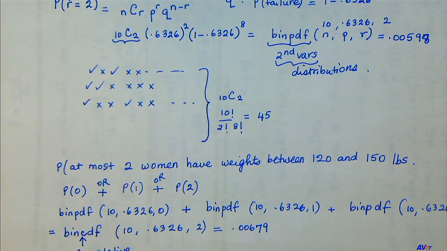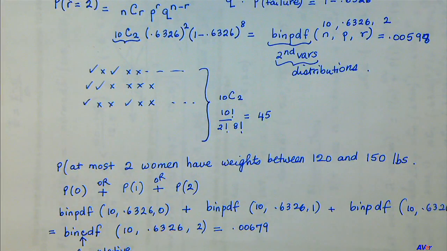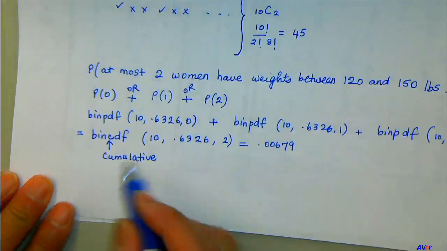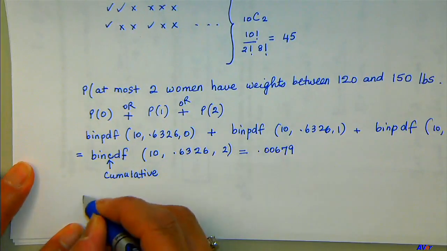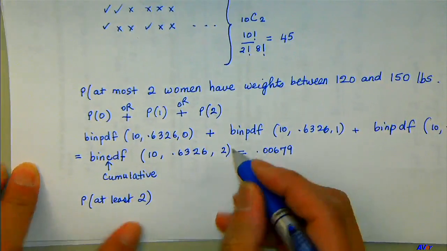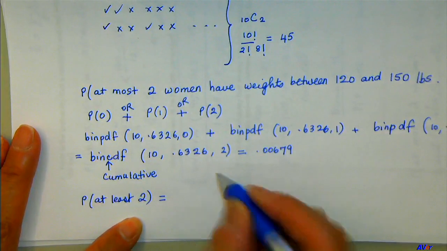Any questions? Yeah. What if they ask the probability at least 2 women? At least 2? That's my next one that I'm going to do. So probability at least 2. So who would that include? At least 2 means what?